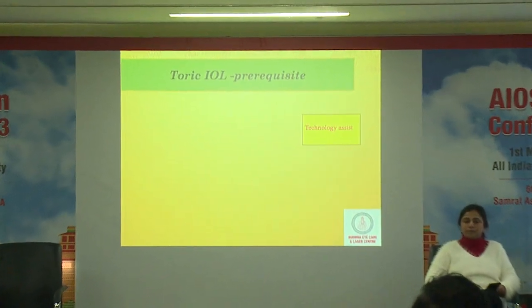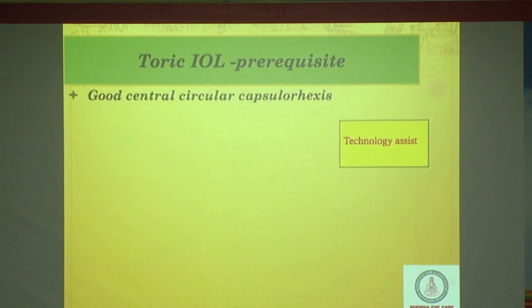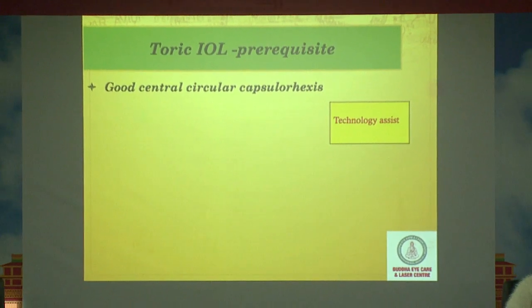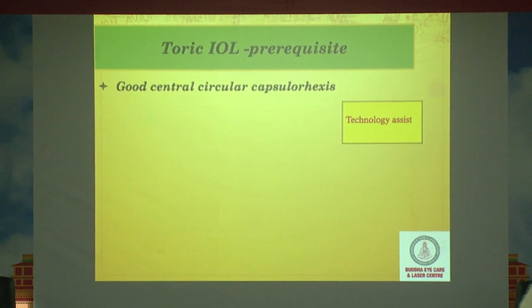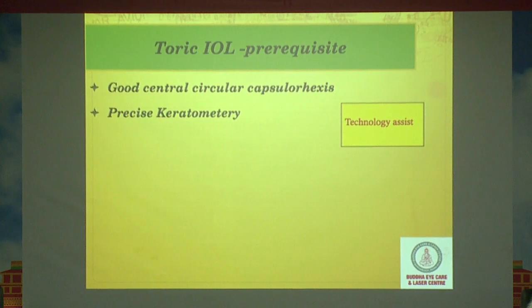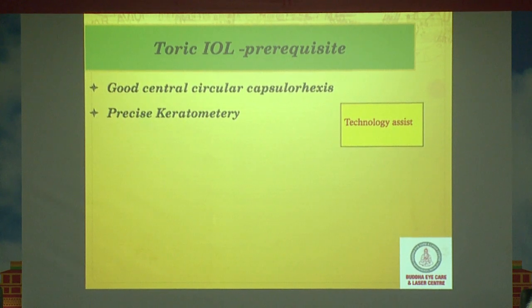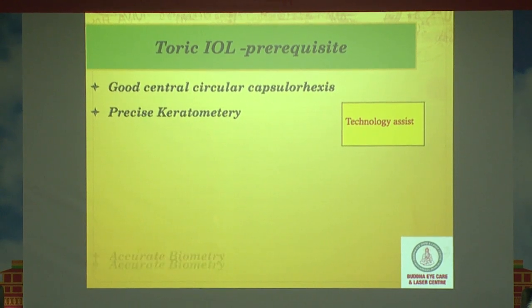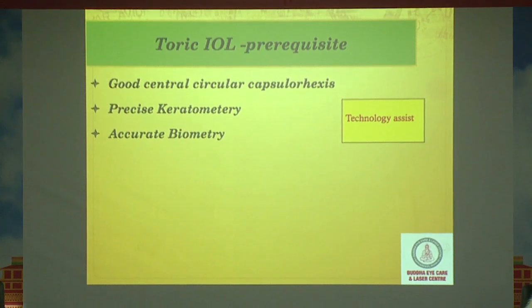Now coming to the prerequisites for the toric IOL: a good central capsulorhexis is very important in these cases to keep the lens centered for longer times. Precise keratometry is again very important. If you don't do keratometry properly, then you will have suboptimal results. Accurate biometry is again important.